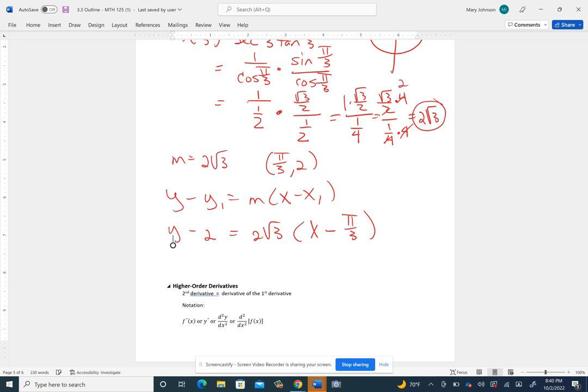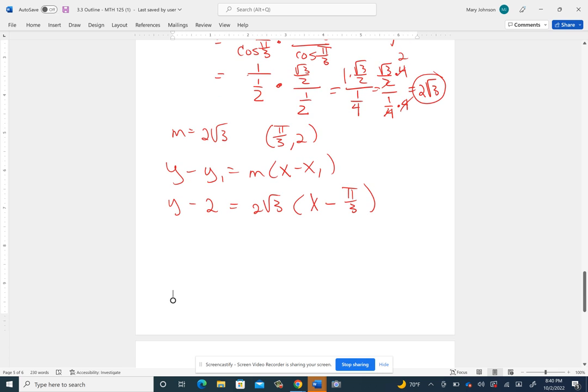Now, sometimes with trig functions, your result can look really bizarre. Normally I like my resulting equations to be in slope-intercept form because it gives me the most information.